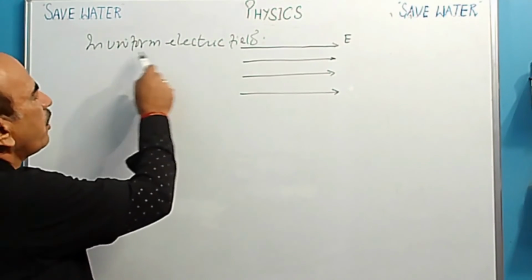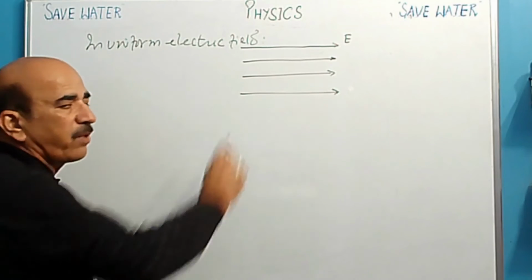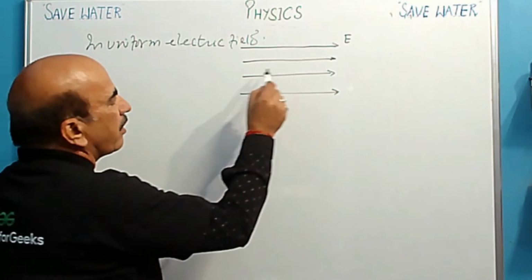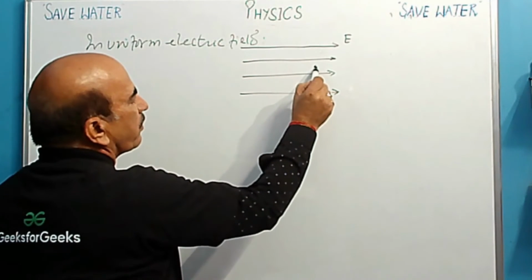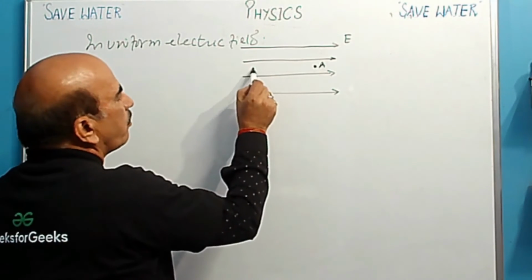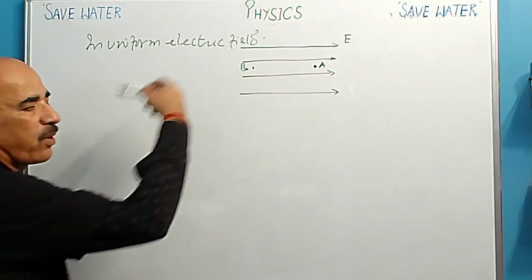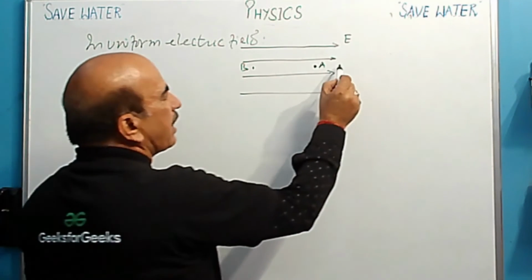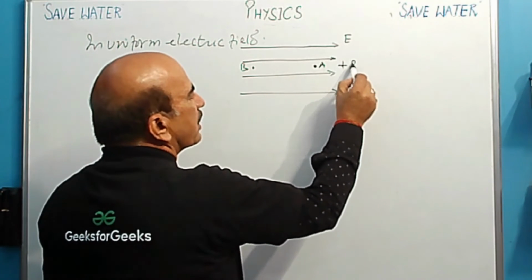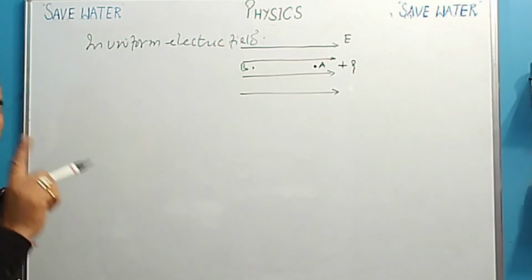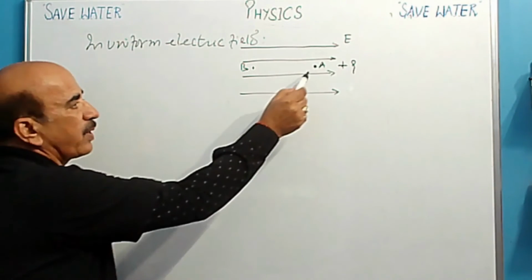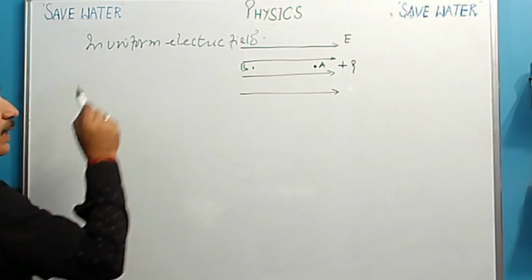Now in uniform electric field, so this is the uniform electric field, and here a charge is moved from point A to point B. Which charge? Unit positive charge. Unit means one. तो इसमें क्या लिखेंगे देखिए.